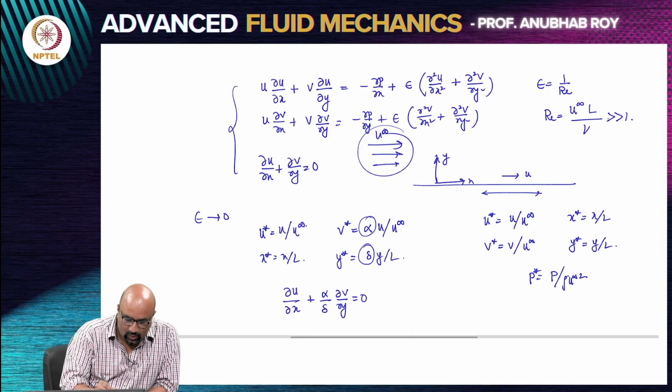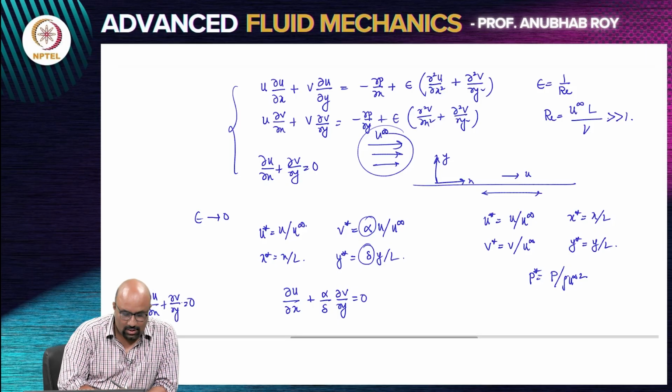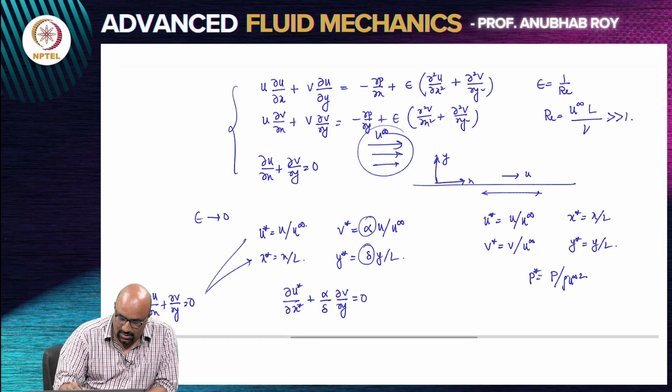Your governing equation was ∂u/∂x plus ∂v/∂y equal to 0. Now, you non-dimensionalize it using these sets of variables. So, these are actually all starred variables.